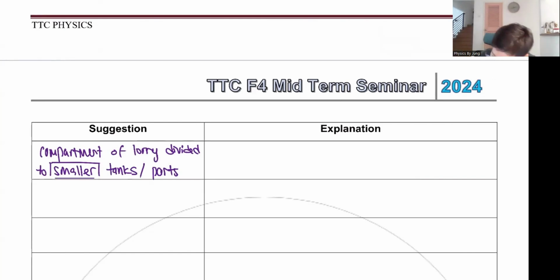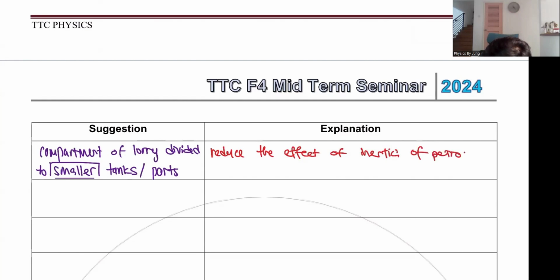So why? So that we can reduce the effect of inertia of petrol in the tank. Now, do you realize what I said? Reduce the effect of inertia. Why didn't I write to reduce the inertia?